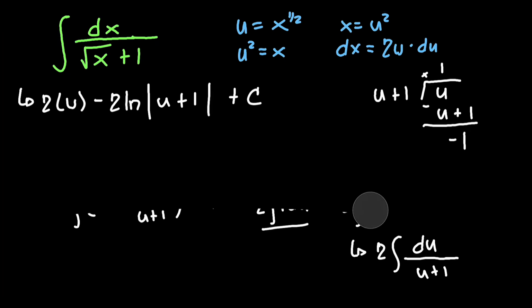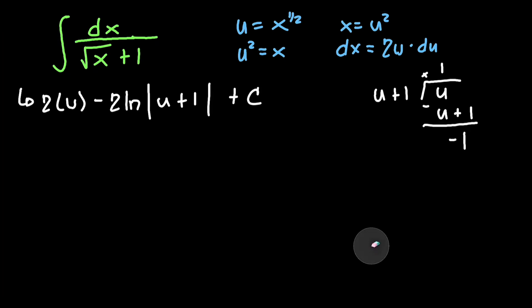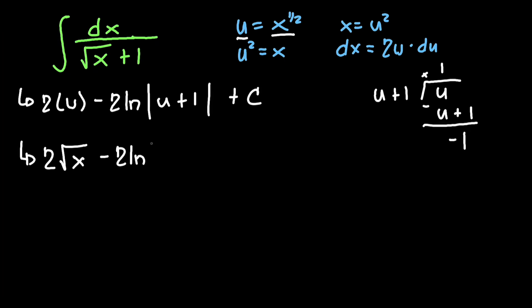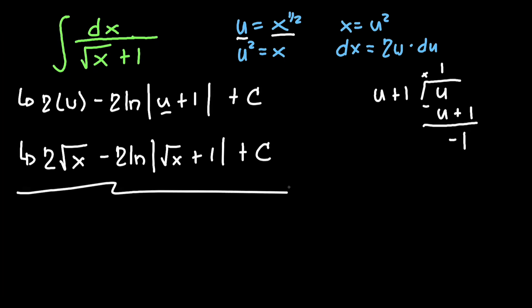And let us substitute u back into its original form. So it would become 2 multiplied by the value of u, which is square root of x, minus 2 ln the absolute value of u, which is square root of x, plus 1, plus c. Now this should serve as your final answer.